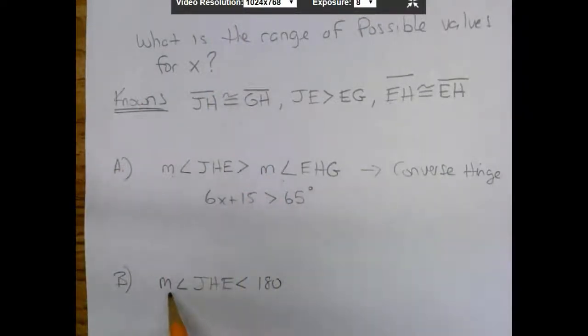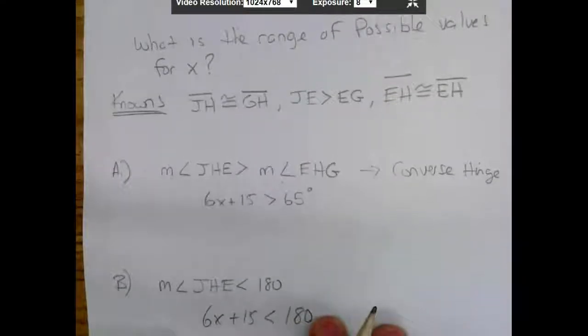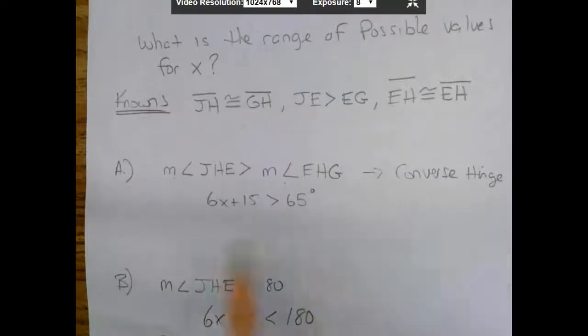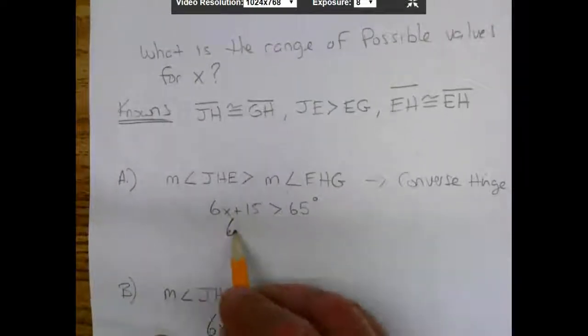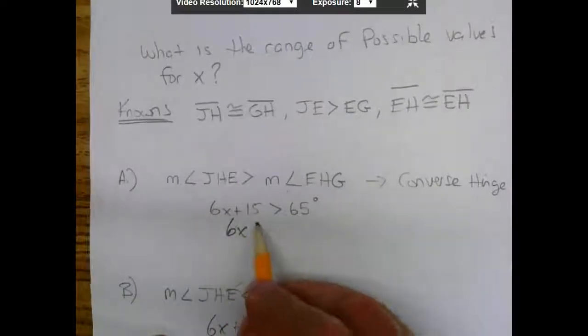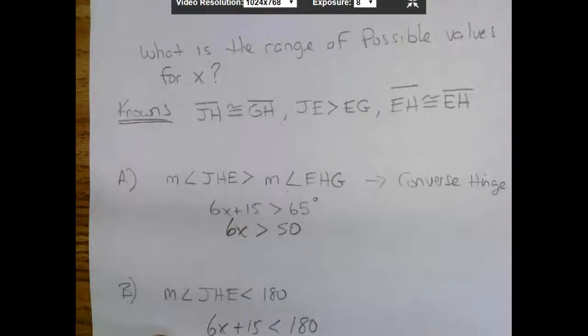So we can say the measure of angle JHE is less than 180, so 6x plus 15 is less than 180. And then we can solve these. We can minus 15 from both sides, so 6x is greater than 50.